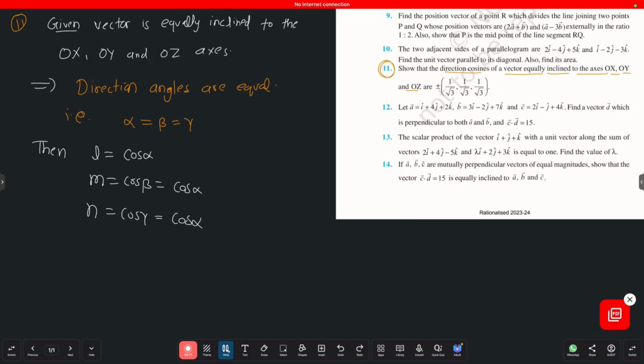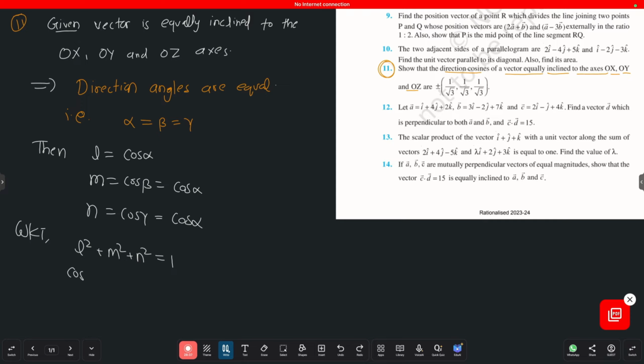It is known that L square plus M square plus N square equals 1. L, M, N are all cos alpha.